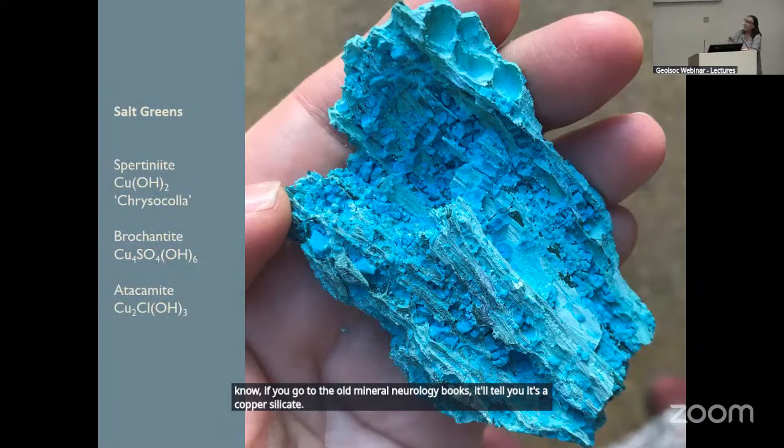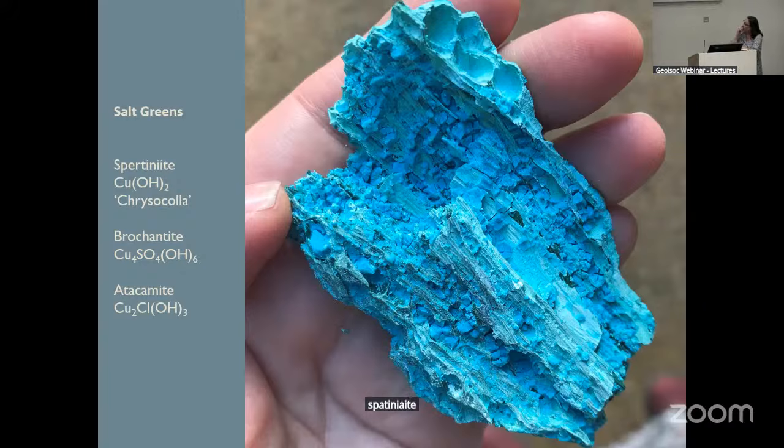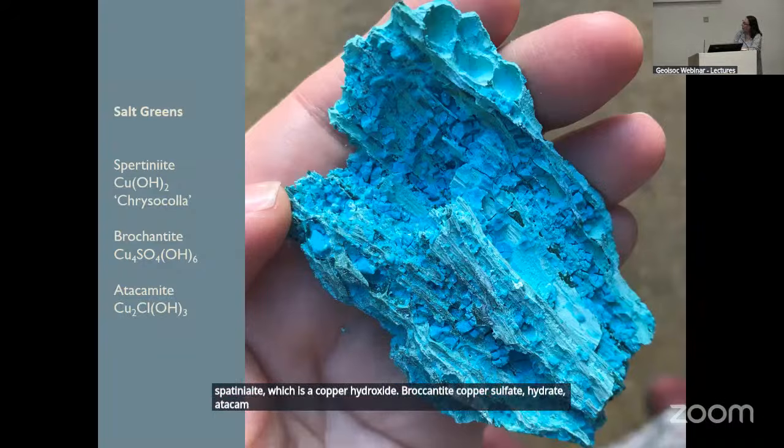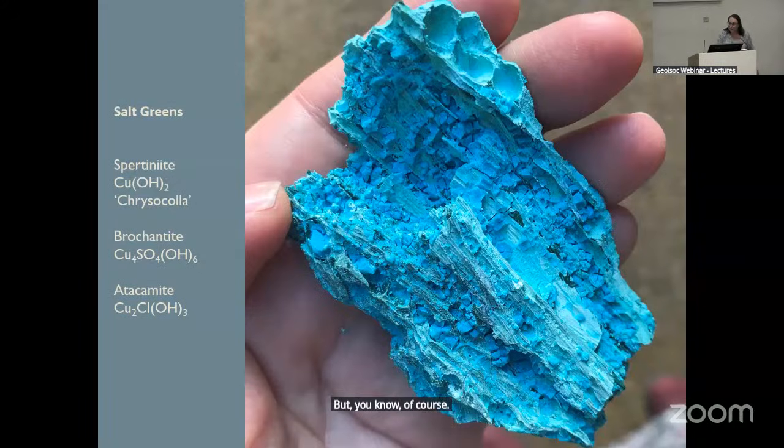It's probably a mineraloid, and actually the blue coloration is a mineral called spertiniite, which is a copper hydroxide. Brochantite, copper sulfate hydrate, atacamite, copper chloride hydrate, and this kind of lump of random copper minerals that I've got here could have all sorts in them, but crush it, you're going to get a decent pigment.